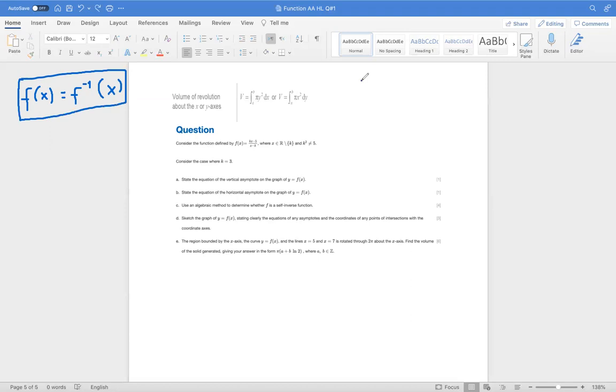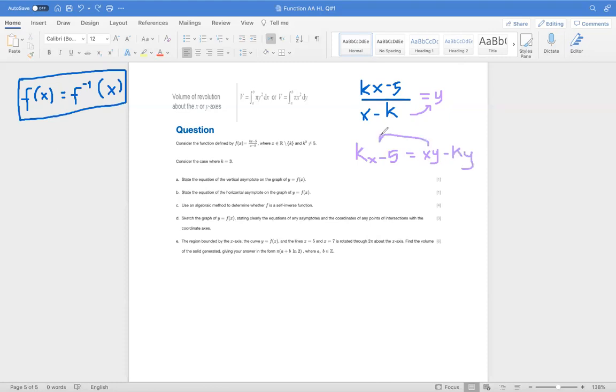So let's start. The basic way is to make y equal to my f function, kx minus 5 over x minus k. Then I will get x in terms of y. So kx minus 5 equals xy minus ky.